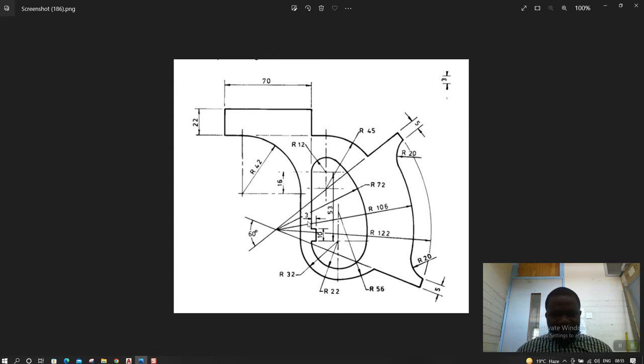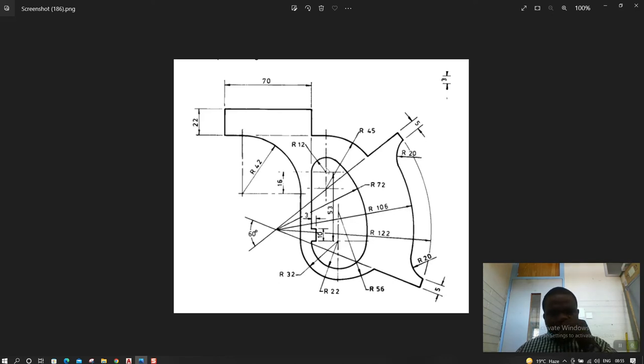After striking this arc, we also need to locate the centers of these other circles that are inside, and you get to notice that with this center of radius 12 that is here, because we already have this line that is vertical from the 70, we only measure 12 going this side, then we get to put this center line. Then after measuring 12, we draw this circle here.